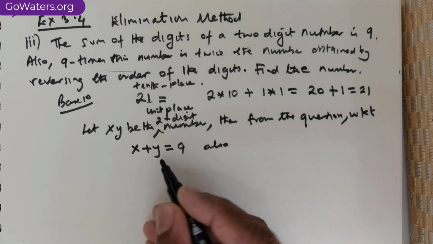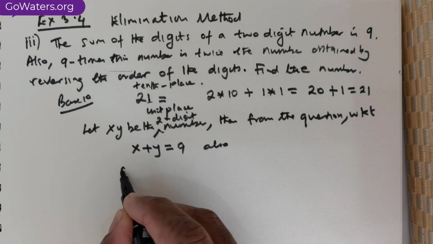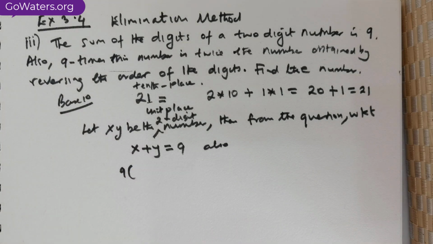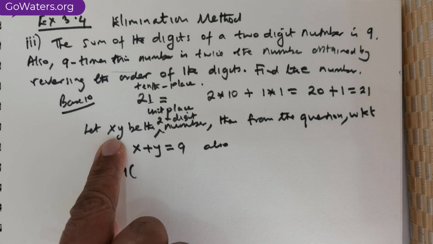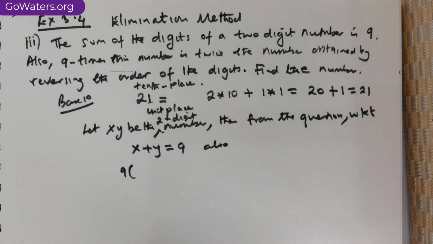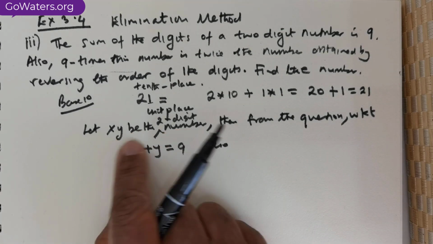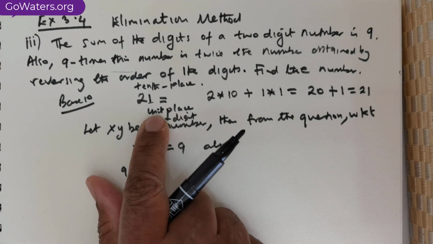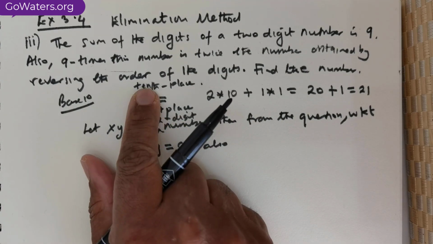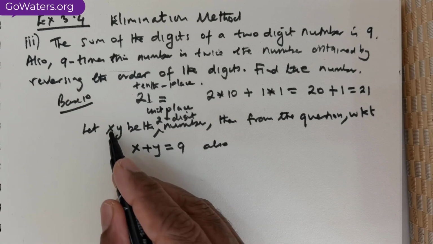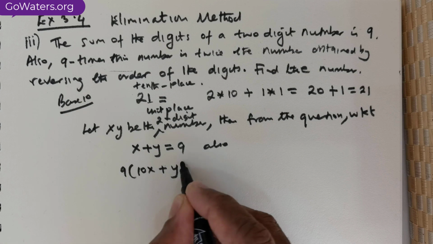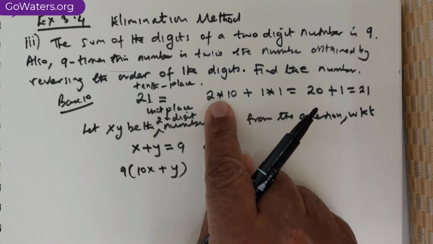Also, 9 times the number. Now you can either write it as the 2-digit number I have represented here, but that is not going to help us. So we will have to convert this into the unit place and the 10th place. So I'm going to write it as 10 times x plus y.